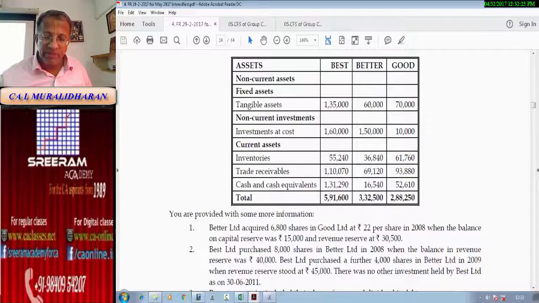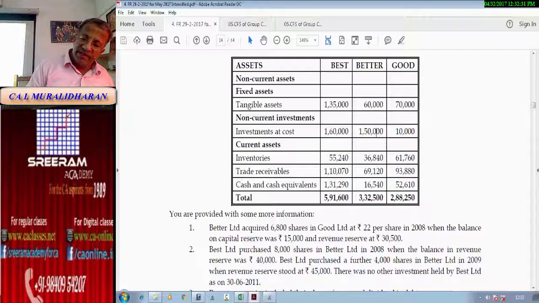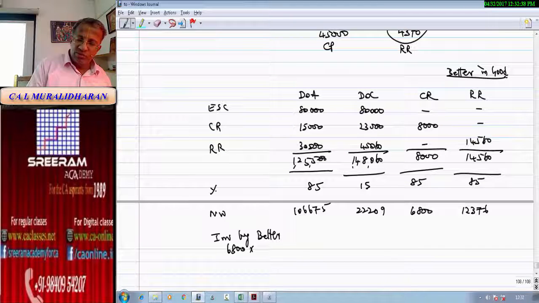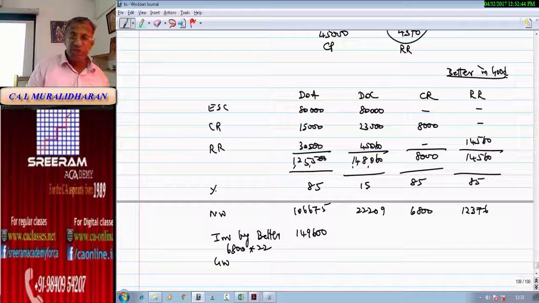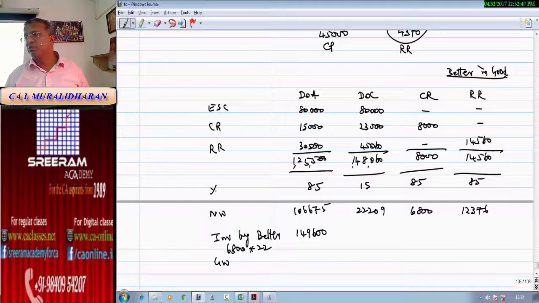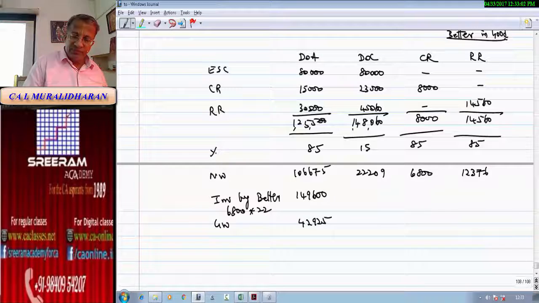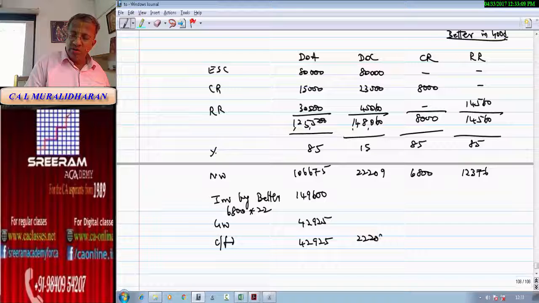Investments by Better: 1,50,000, but they have said 6,800 into 22, 6,800 into 140 is 9,600. This results in goodwill. So please be careful. Don't take the entire 1,50,000 as they are giving you the breakup. 149,600 minus 106,675 is 42,925. Carry forward 42,925 goodwill and 22,209 minority interest.